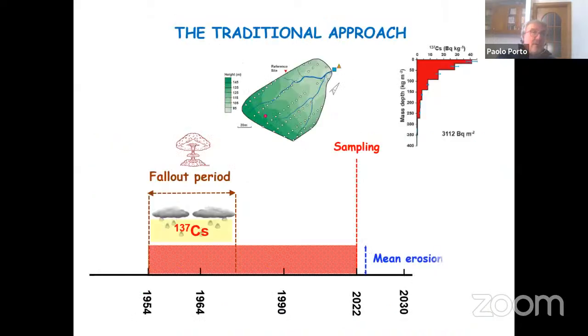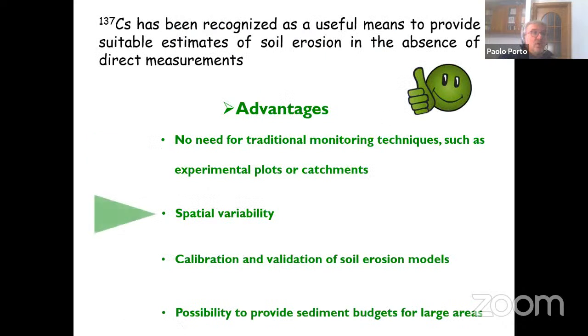For example, here you can see a catchment, and the white circles here indicate the sampling sites. So if we have one value of soil loss for each sampling site, you can understand that by spatial interpolation, you can have information on the spatial distribution of soil erosion. That means that we can have information on spatial variability.